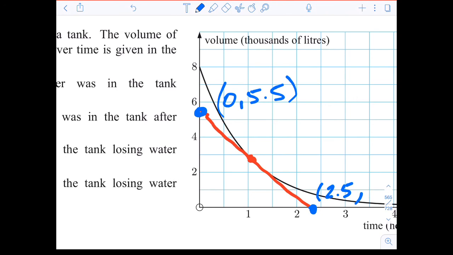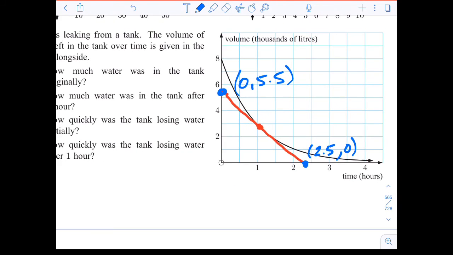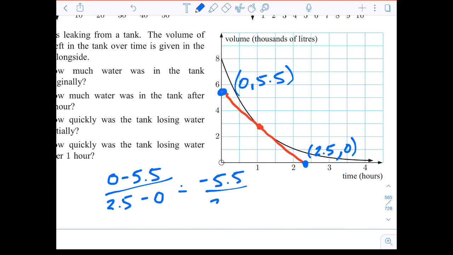And I'll find the slope between those. I would subtract my y's, 0 take away 5.5. Then subtract my x's, 2.5 take away 0. We get negative 5.5 over 2.5. When I divide those together, it's going to give me the speed that the water was leaving the tank. Negative 5.5 divided by 2.5 is negative 2.2 liters per hour.